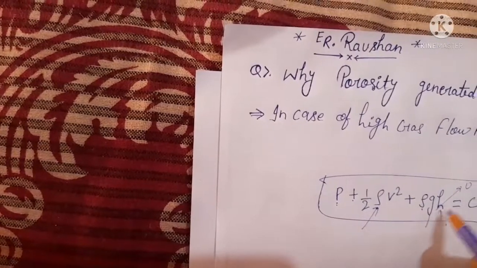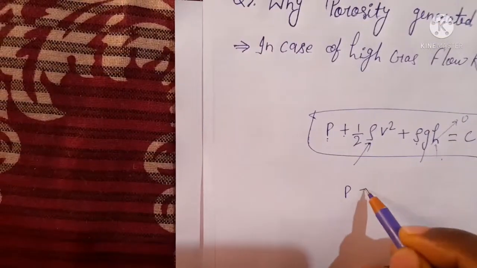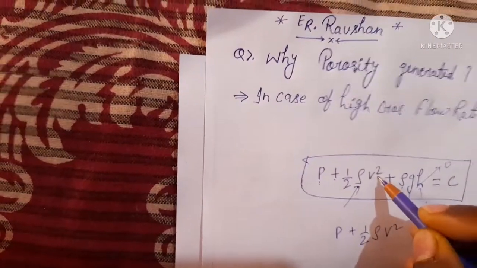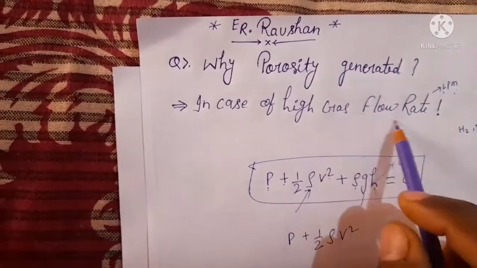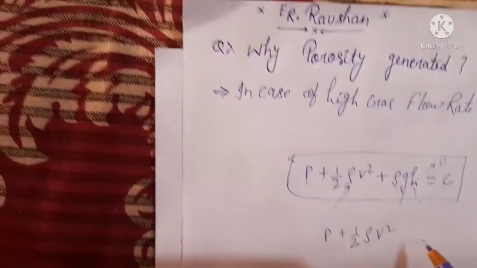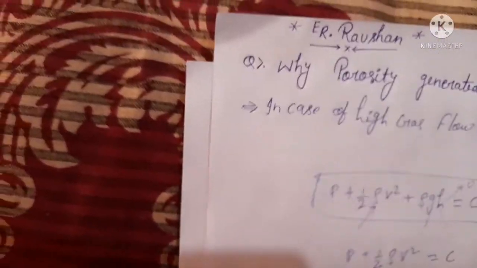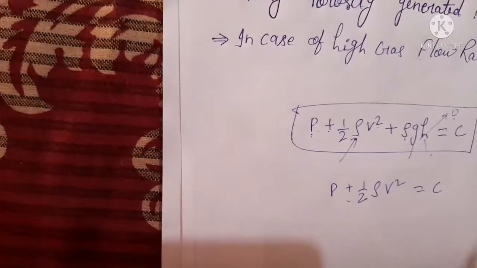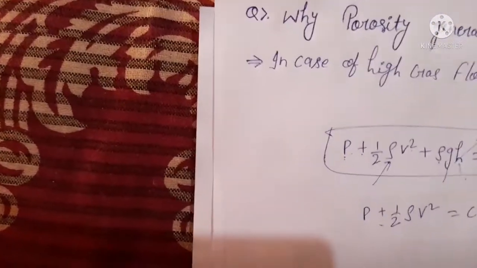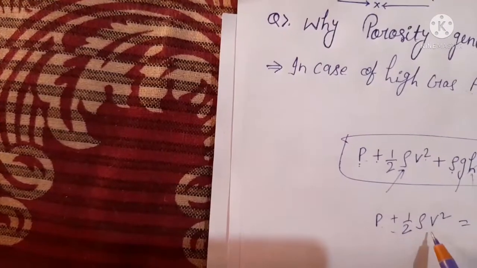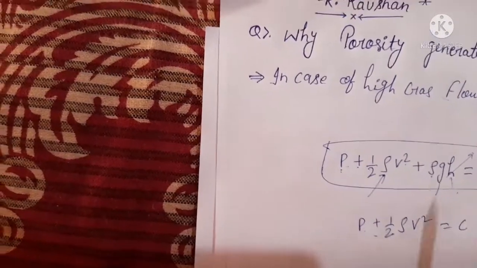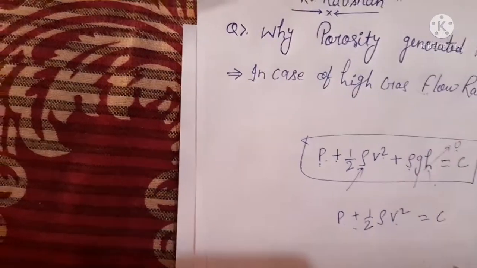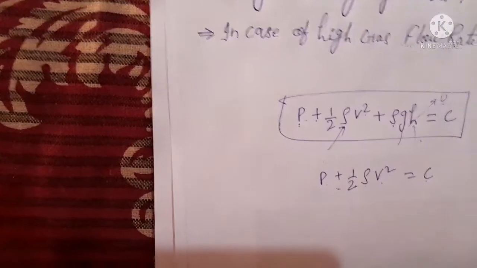So this is 0 and here p plus half rho v square, where v is the velocity of the gas flow rate, equals constant. This will become 0 and two terms remain here. Okay, now friends, in this case pressure, density of a gas, and velocity, that means gas flow rate, equals constant.